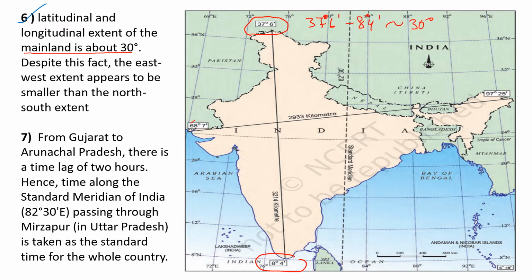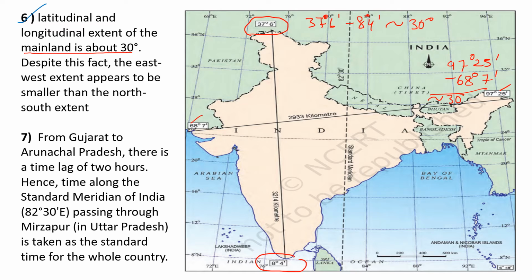Also the east-west longitudinal extent, 97 degree 25 minutes minus 68 degree 7 minutes, is also around 30 degree.